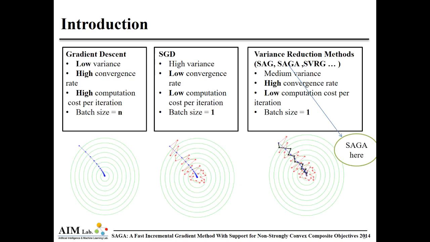Traditional method for optimization is gradient descent. With gradient descent, it yields on data for one update, so it has low variance with high conversion rate. But in large-scale application, when number of training samples become very big, this method is used with high computation cost per iteration.